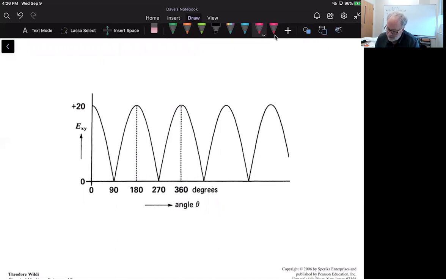Here's our rotation, and say this was side A going through, and then it gets to this point, 90 degrees. This is where the commutator segments are aligned with the two brushes, X and Y. And now here is side D going down through the magnetic field in that same orientation. Well, notice that it never goes below 0, and it starts to become positive.